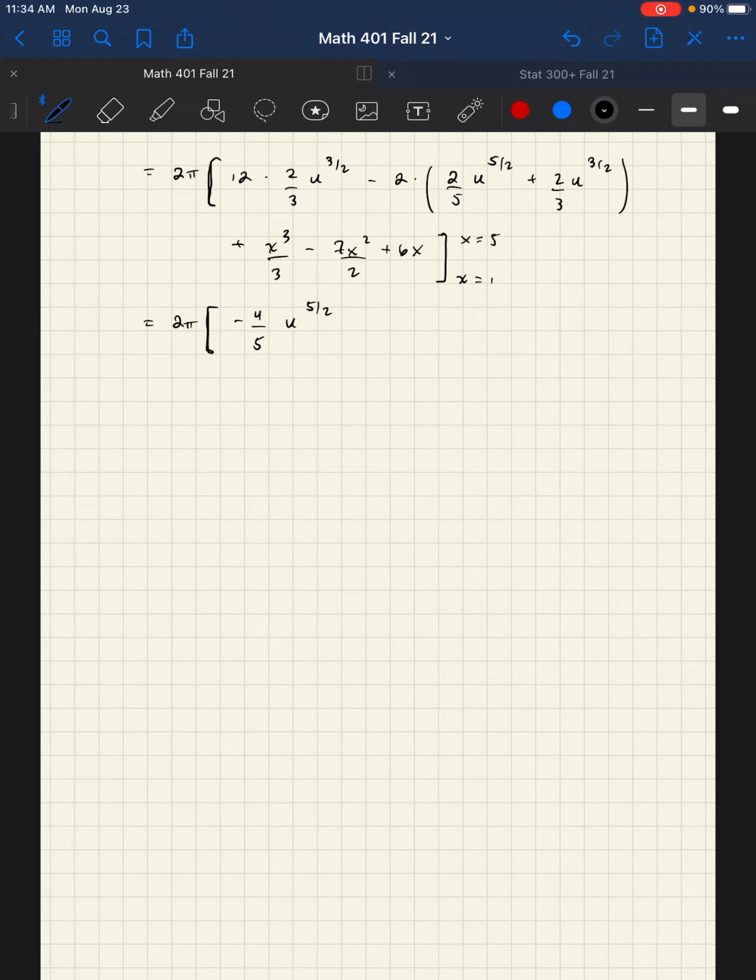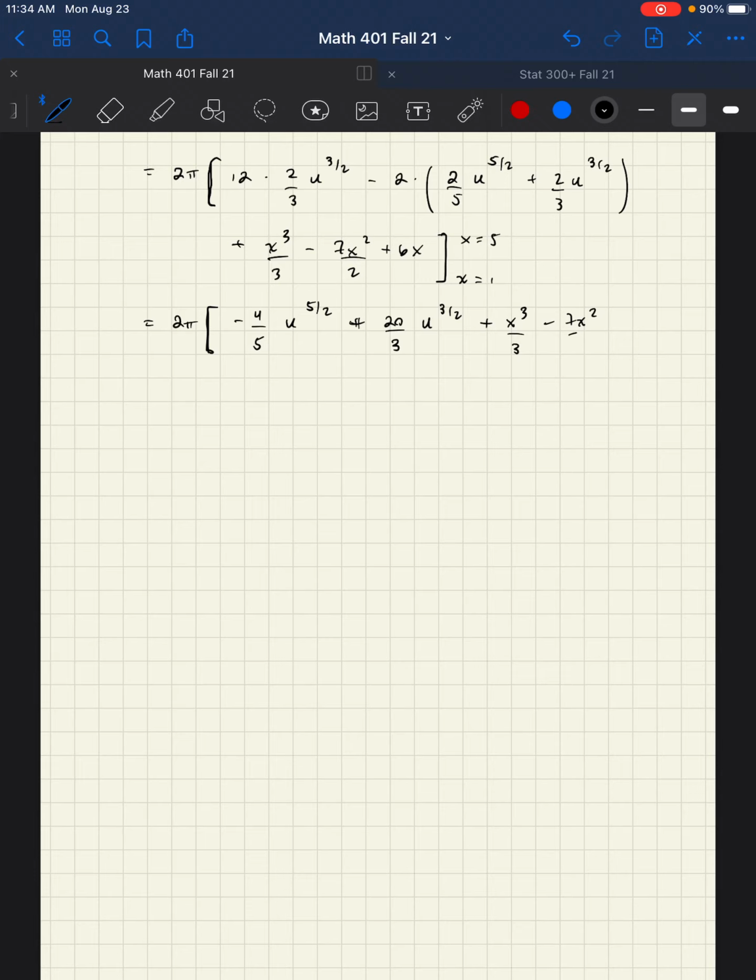So I'll put that first. It's going to be negative 4/5 u to the 5/2. And then combining the other two terms, I'm going to end up with plus 20/3 u to the 3/2 plus the rest of the polynomial part here.